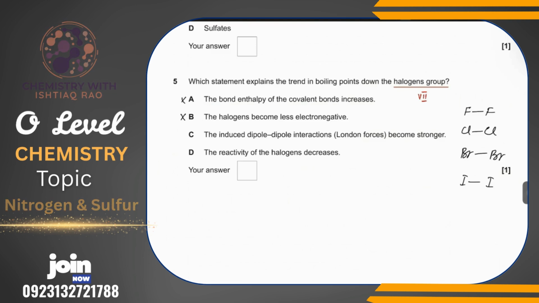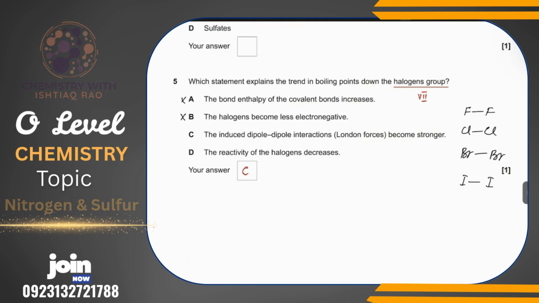So they are going to have London forces. As we go down the group, the number of electrons increases, so the IMF, the London force, increases. That's why the melting and boiling point increases. So option C is correct.